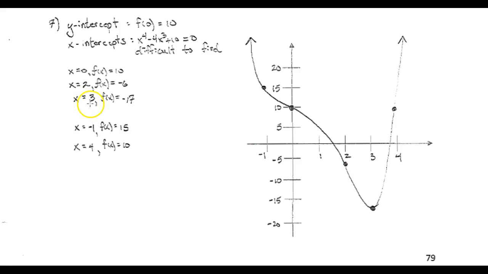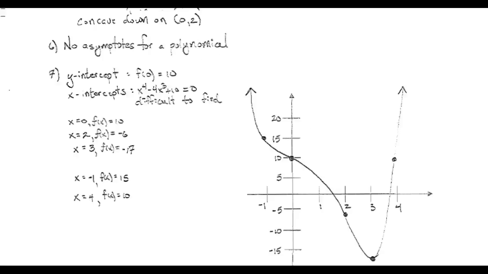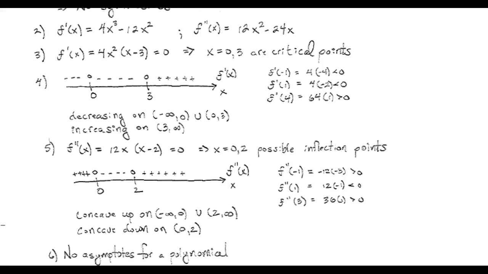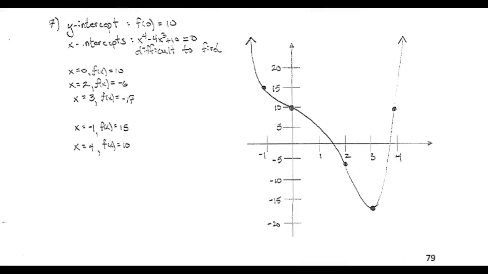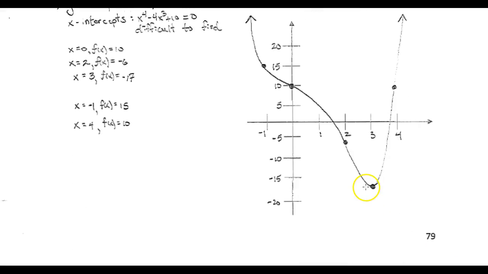At x equals 3, I just wanted to figure out at that other critical point what I had. The value of the function is minus 17, and I know it turns around there. That was a critical point. Again, this is all still concave up, though. At x equals minus 1, f of x was 15, and I just got a good feel for what's going on at that point.